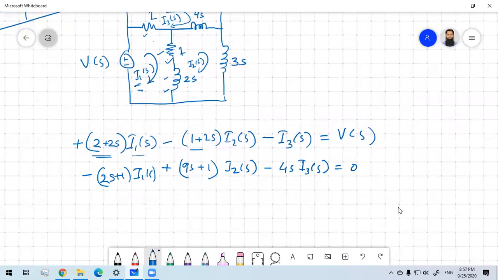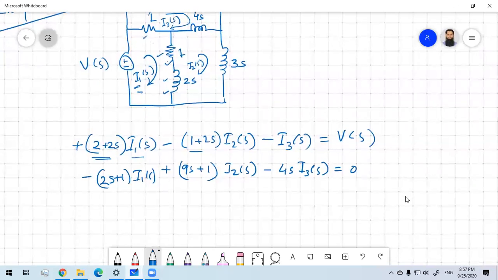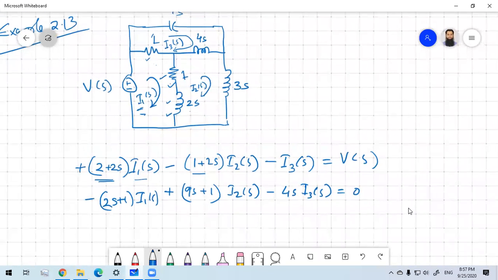Similarly, for the third loop, what is the total impedance? The third loop is 4s plus 1 by s, and that current has to be positive, I3(s).